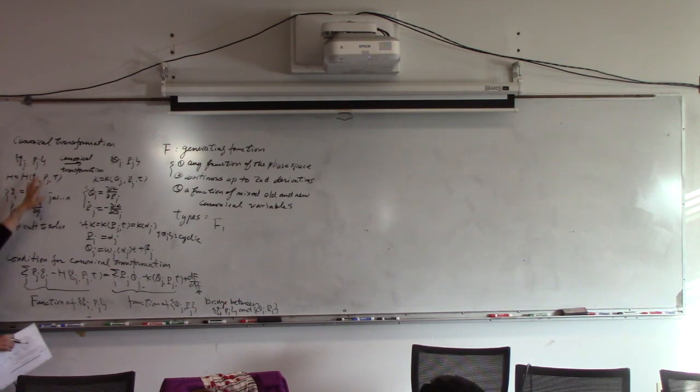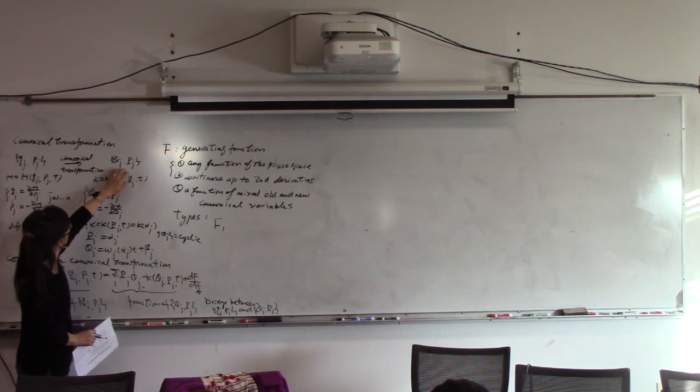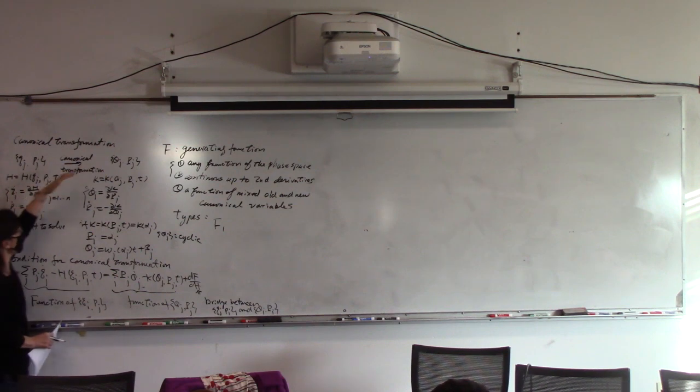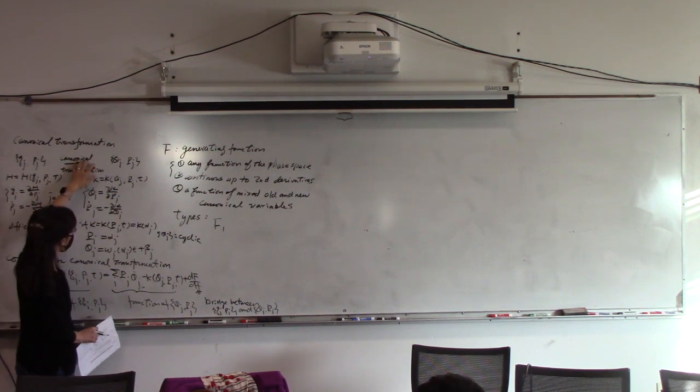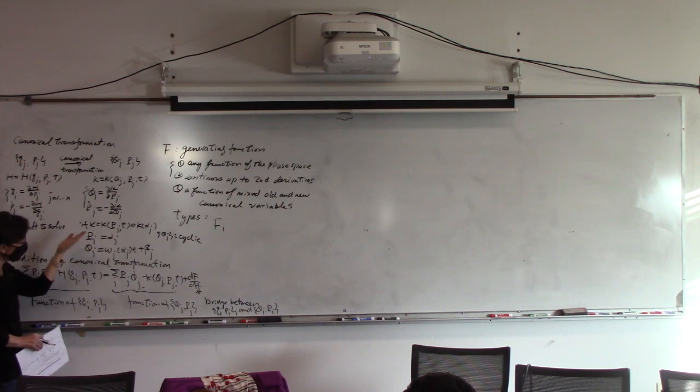Then the question is, how can we know that our new set of generalized coordinates are canonical variables? How can we transform from the old one to the new one, which is still canonical variables, Q_j and P_j following this?